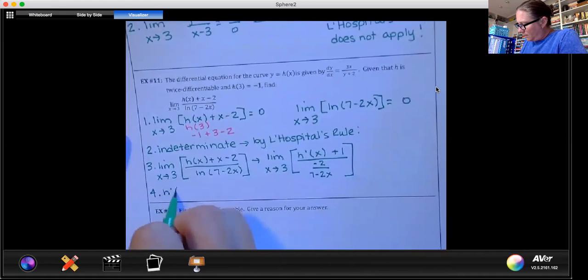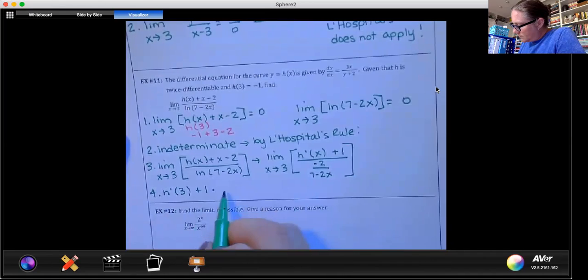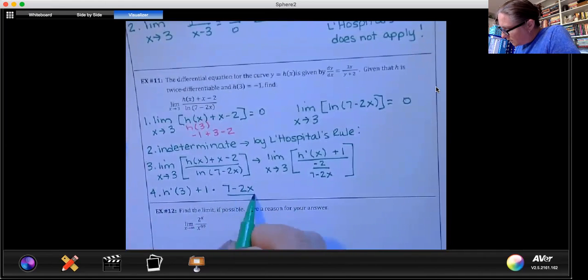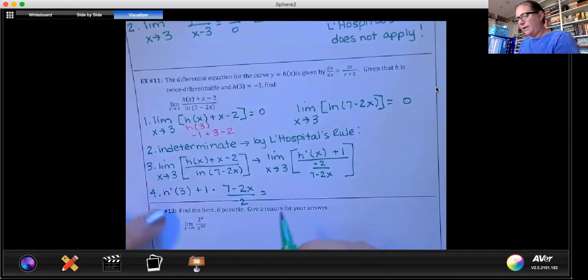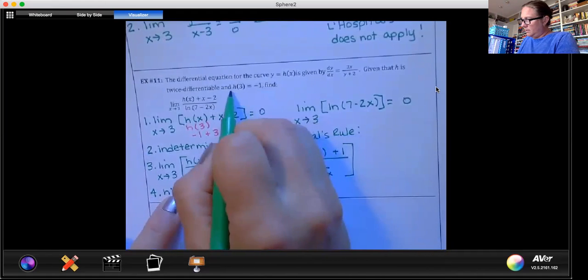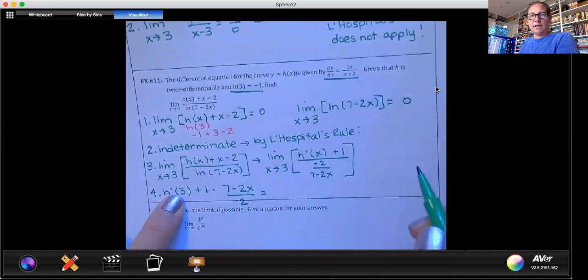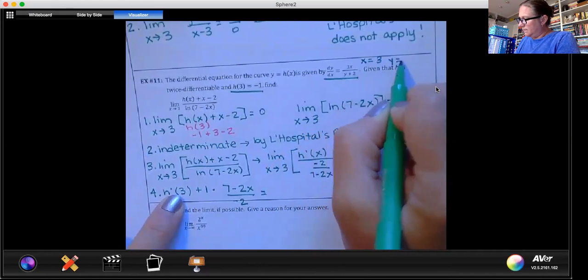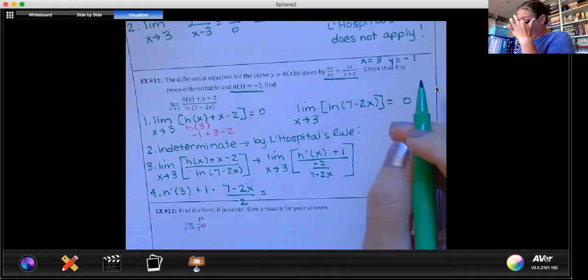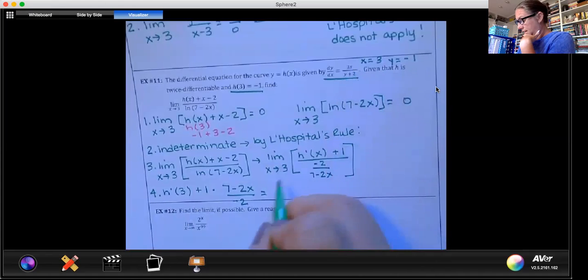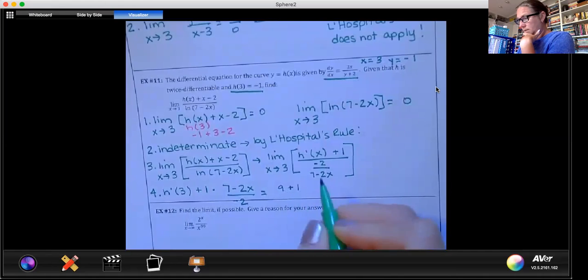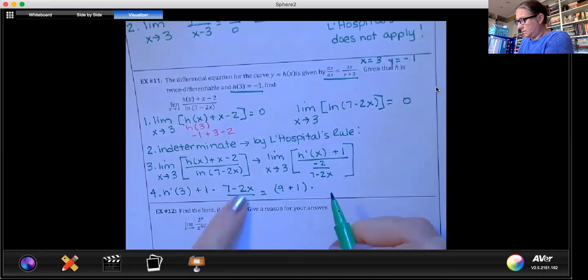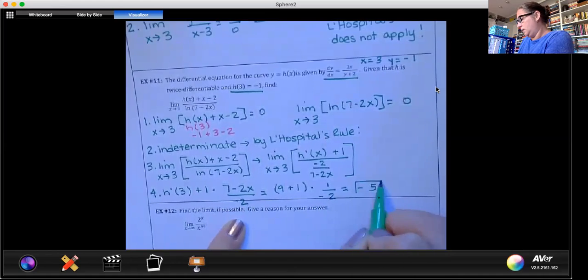So this is h prime of 3 plus 1 over 1 over 7 minus 2x times negative 2. Now, to find h prime of 3, we plug these values into dy/dx. So x is 3 and y is negative 1. So that would be 9 over 1, which is 9. So 9 plus 1 times 1 over negative 2, 10 over negative 2 is negative 5.